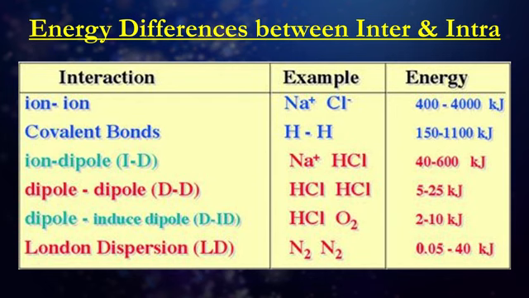If we then compare our inter and intramolecular bond strengths, ion-ion, so positive charge, negative charge, will produce the strongest amount of energy per bond. Then you have the covalent bonds, so these are your intramolecular bonds.